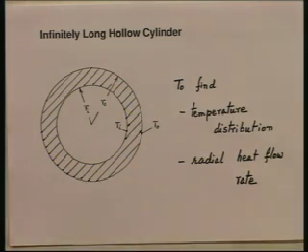The only change now is we have switched from a slab to a long hollow cylinder. So, we would like to find expressions for these, and we will proceed in more or less the same manner that we proceeded earlier for the slab, excepting that now we will be working with a one dimensional situation in cylindrical coordinates.